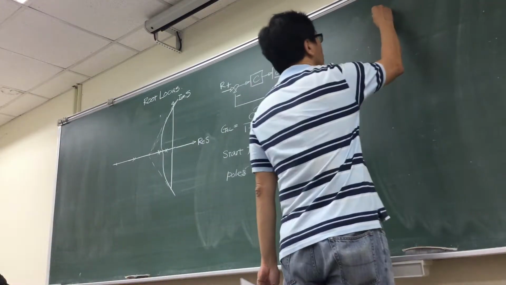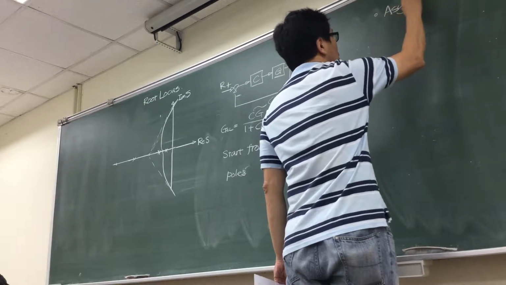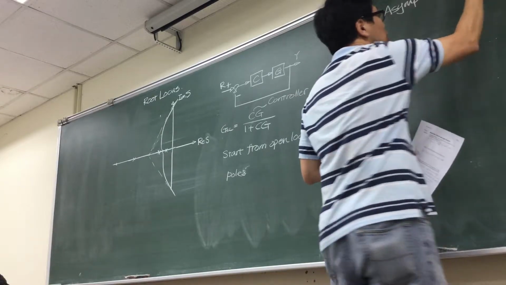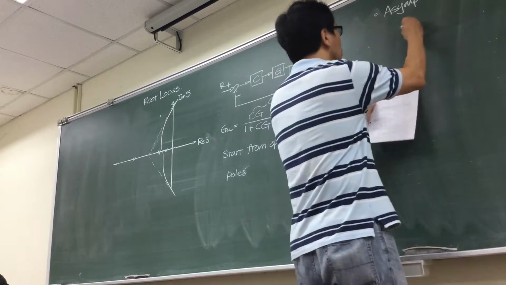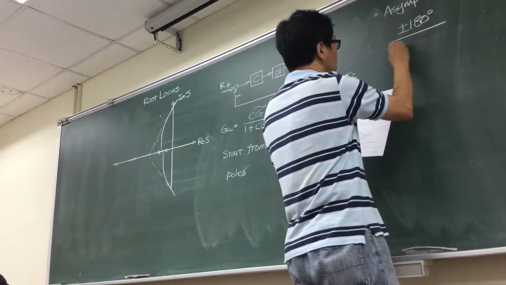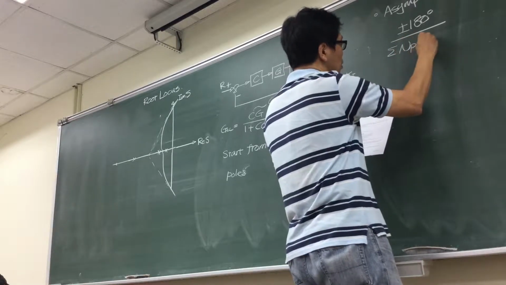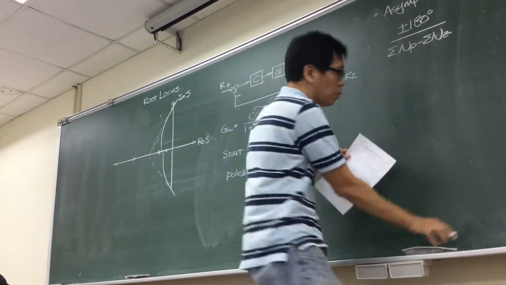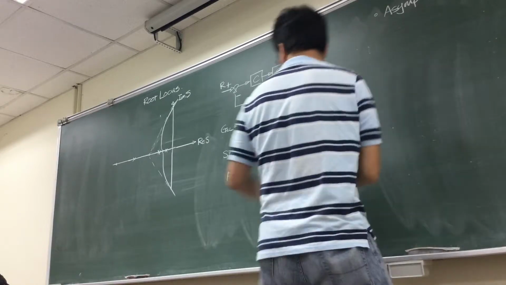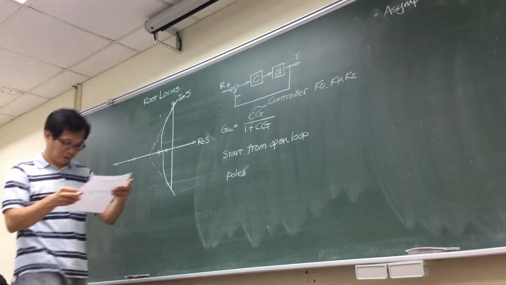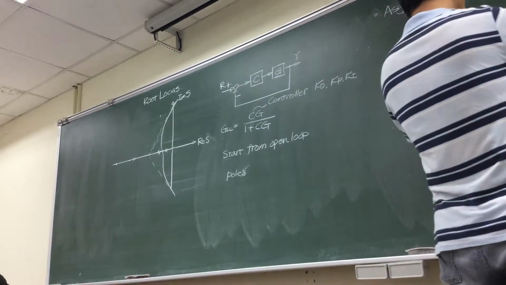So there are a few things we have been talking about. The first thing we need to know is the number of asymptotes, which is the number of poles minus the number of zeros.